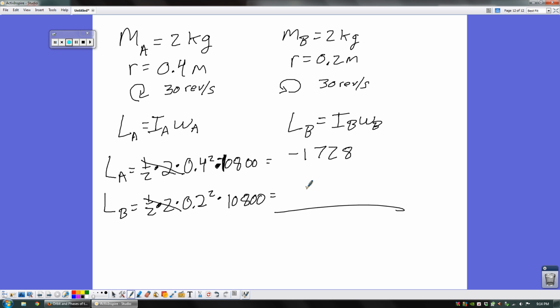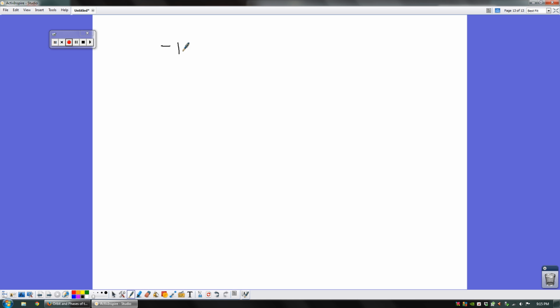And I get 0.2 squared times positive 10800, which gives me positive 432 momentums. The sum of these is negative 1296. That is the angular momentum before the collision.